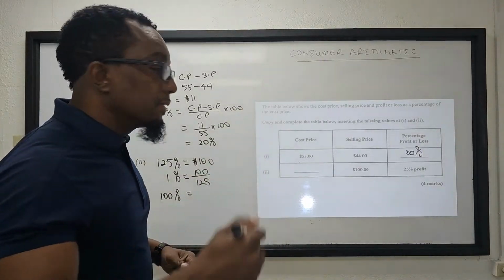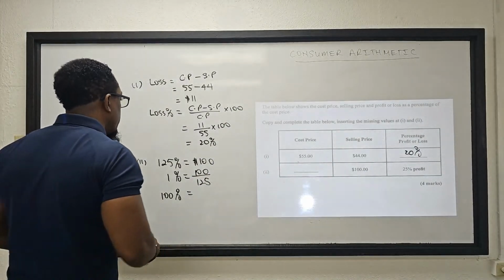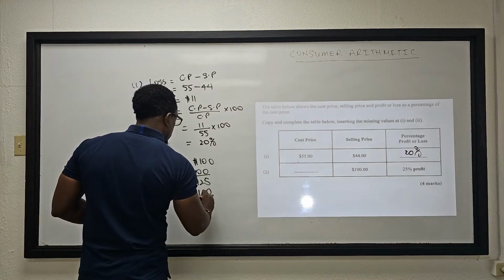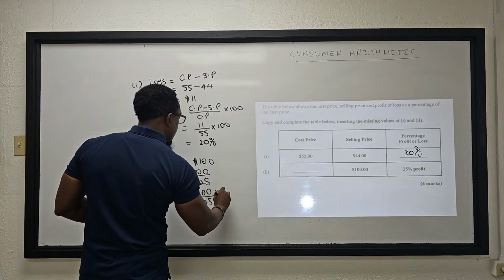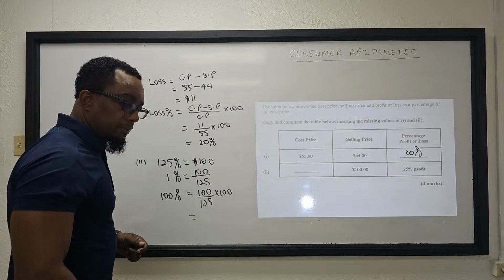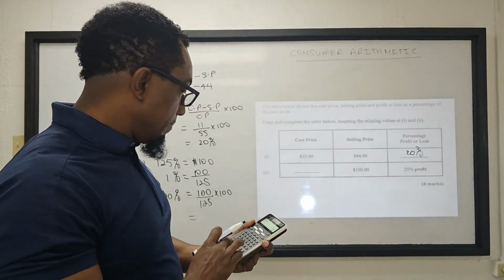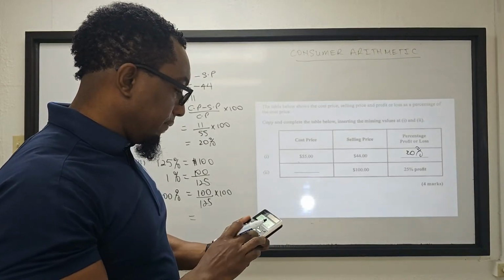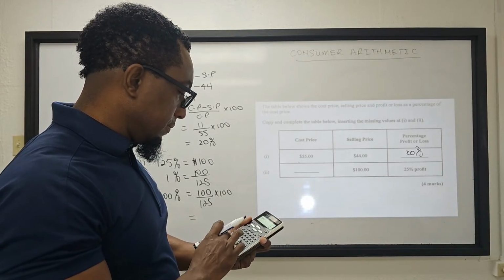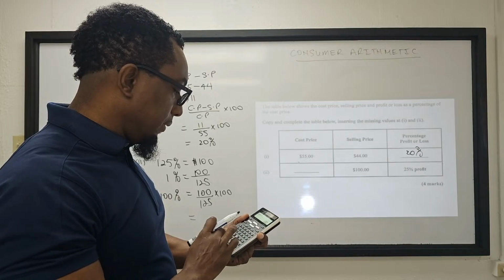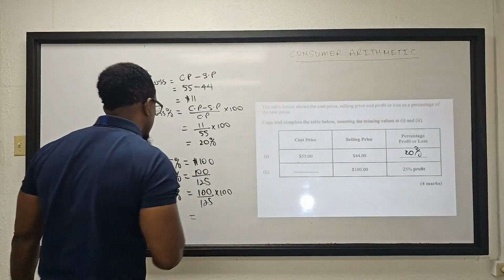So working backwards, 100% will be 100 over 125 times 100. That is 100 divided by 125 multiplied by 100, which will give us $80.